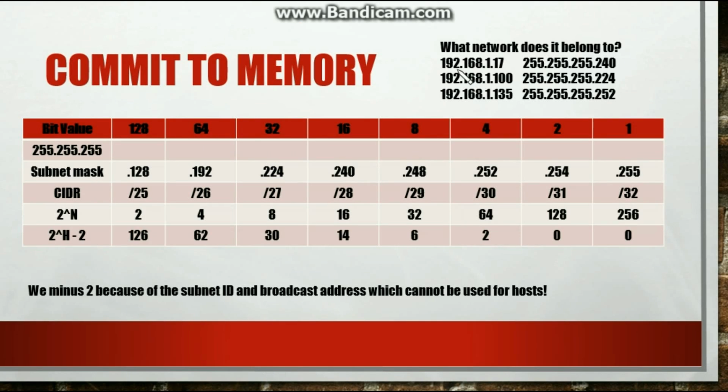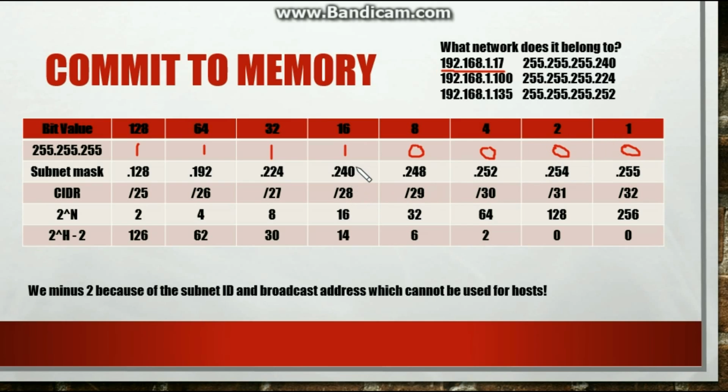All right. How do we do that? Well, let's take a look at this IP address right here. 192.168.1.17 with a 255.255.255.240. So we have our little chart here for the subnet mask, and we just start placing ones till we get to 240. All right, and then everything is zeros.